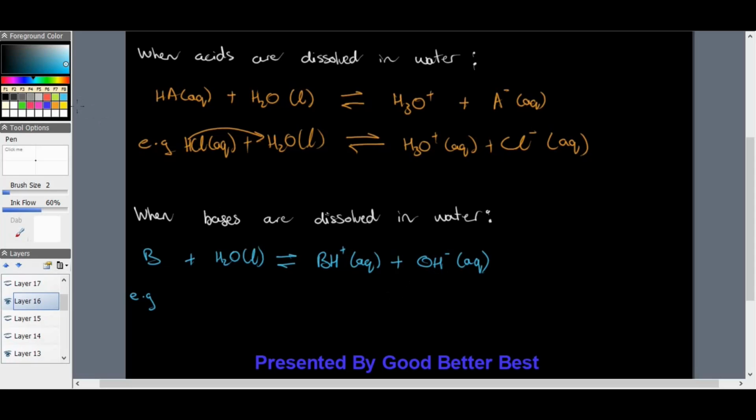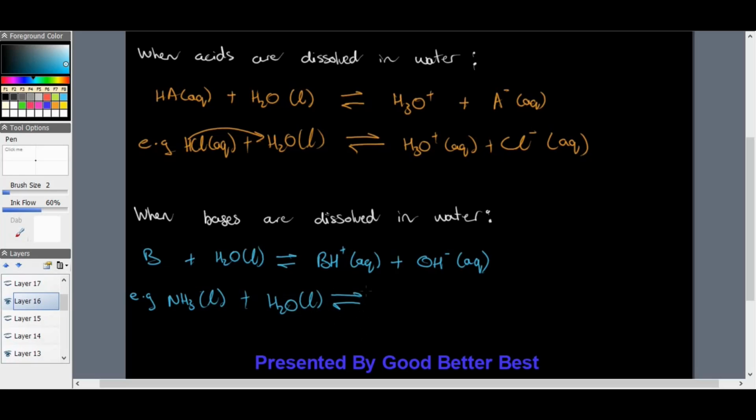if we have ammonia, NH3, liquid ammonia, we react that with water. Remember what we said, water is an amphiprotic substance.